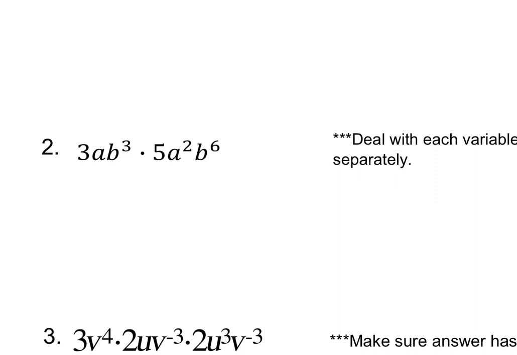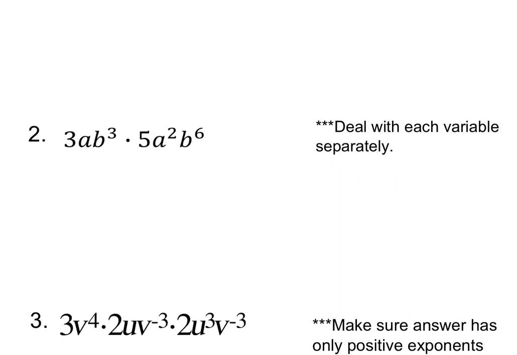Look at number 2. Now we've got 3ab to the 3rd times 5a squared b to the 6th. Multiply the numbers. 3 times 5 is 15.